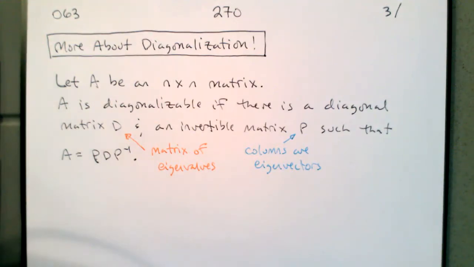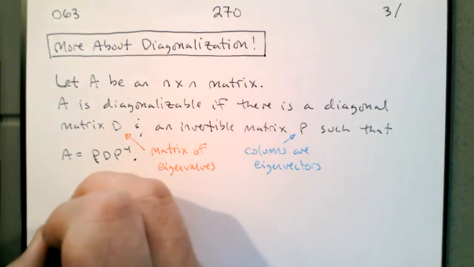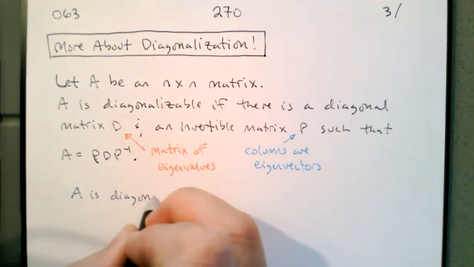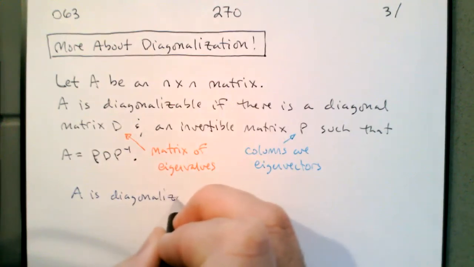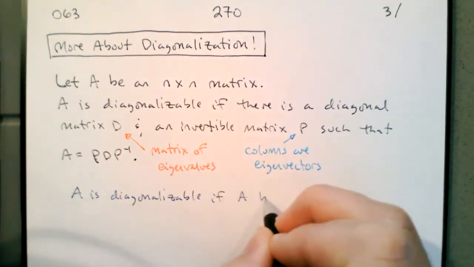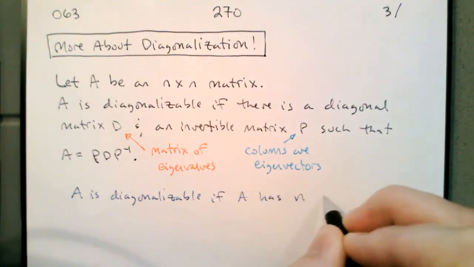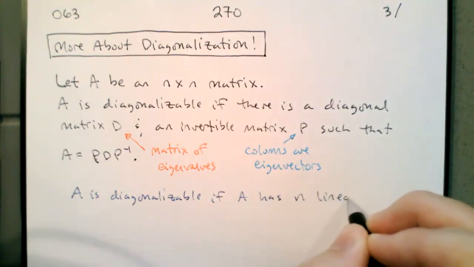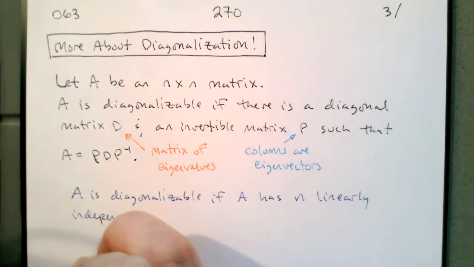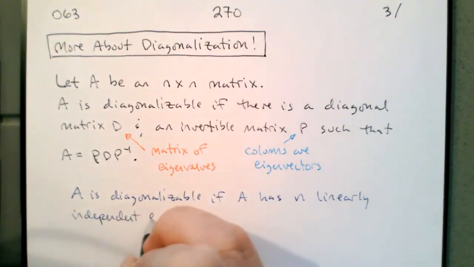So we can conclude from this that A is diagonalizable if A has n linearly independent eigenvectors.